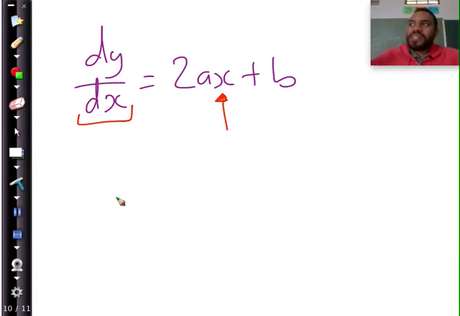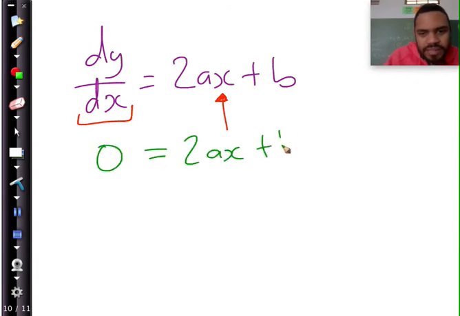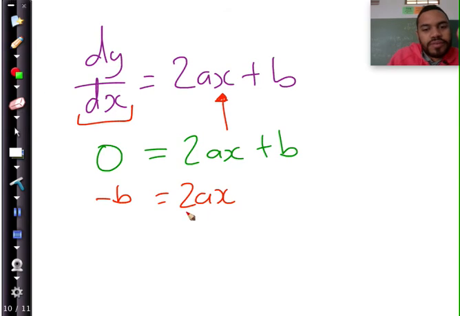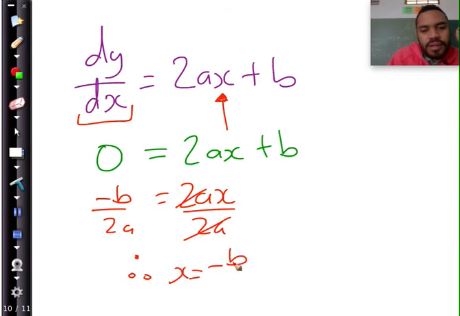Now we are going to work in reverse. Okay, so I'm going to put 0 in here and I'm going to say 0 equals 2ax plus b. Now I want you to solve for x. How do you solve for x? We take the b over, I'm left with minus b equals 2ax, and then what do I do? I divide both sides by 2a, and this cancels, and therefore x is equal to minus b over 2a.